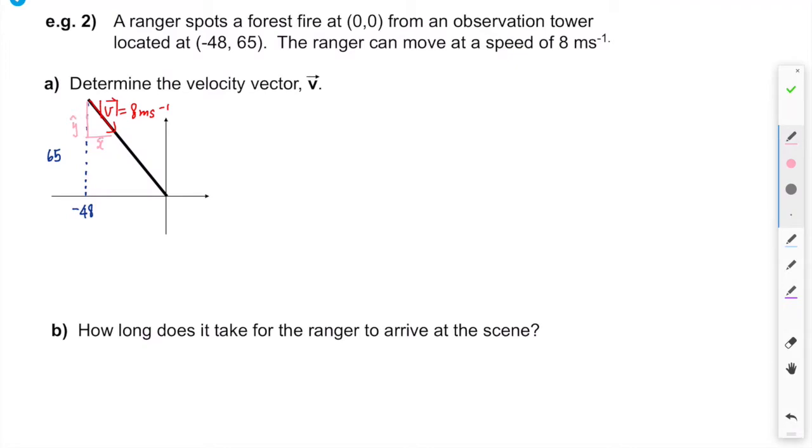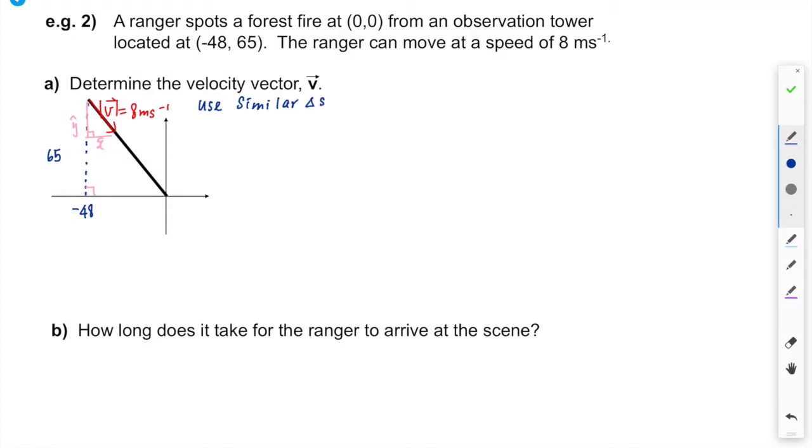Okay, so looking at the diagram here, we actually have a set of similar triangles, right? Comparing the positions of different things and a little triangle representing the x and y components of the velocity. So in order to find the x and y components, I can use similar triangles.